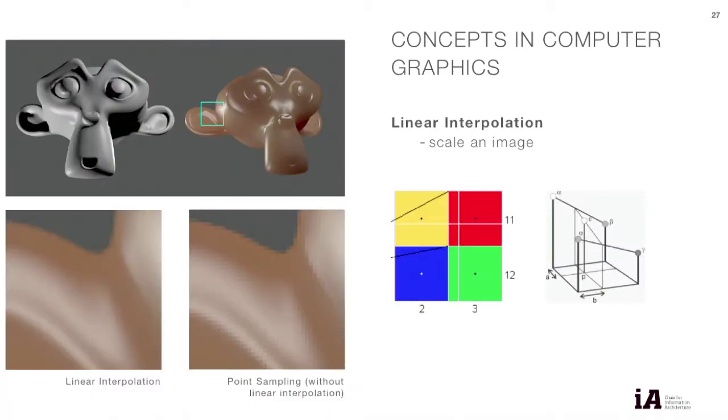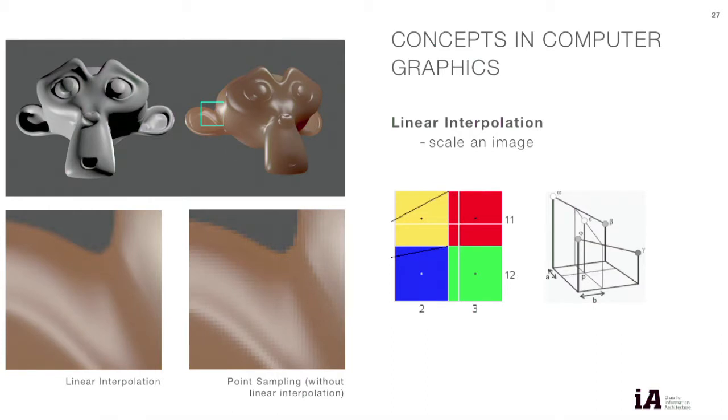So if you want to scale up an image, meaning if you have in Photoshop an image with 100 by 100 pixels and you want to have it at 400 by 400 pixels, the algorithm needs to interpolate the pixels in between. If you don't interpolate, it just gives you larger pixels.